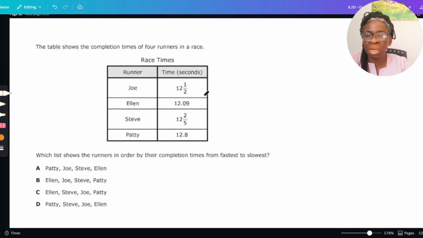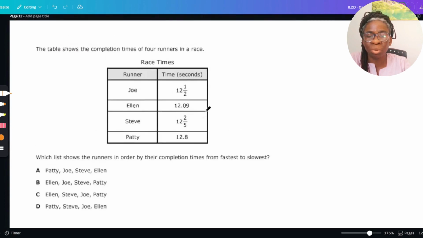And this one, the table shows the completion times of four runners in a race. Which list shows the runners in order by their completion times from fastest to slowest? From fastest to slowest. So let's solve this one. 12 and a half. Let's calculate 12 and a half.